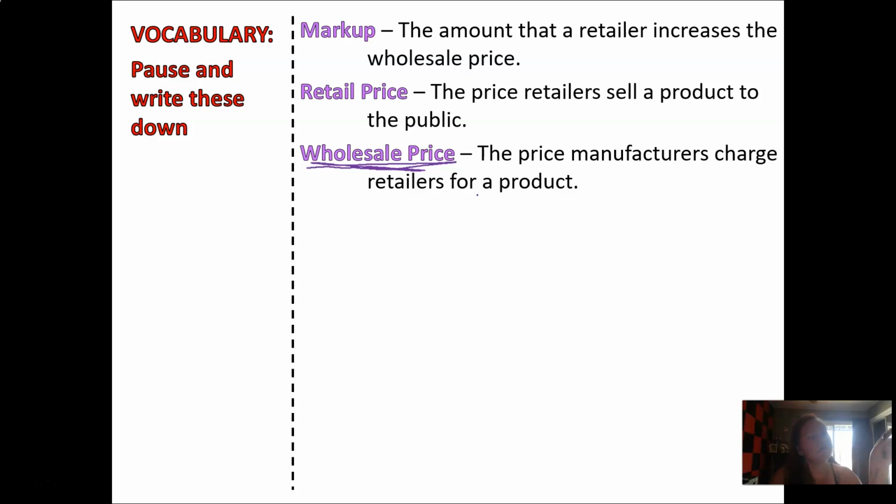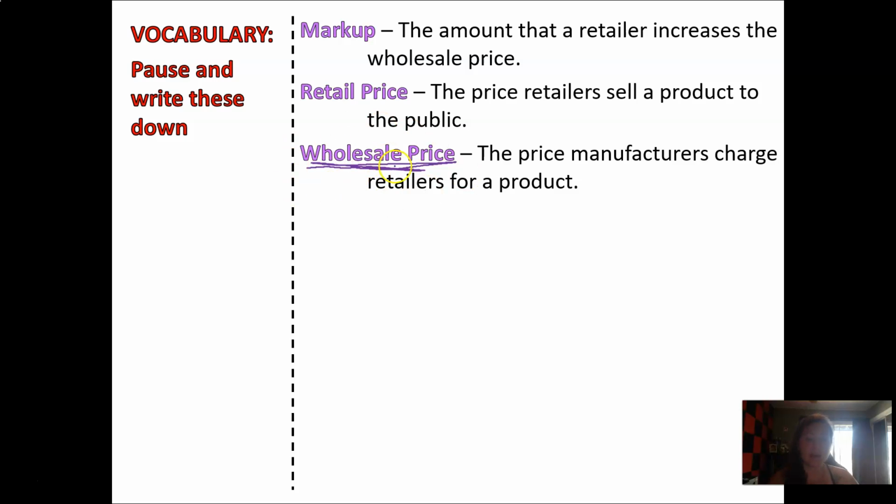So the factory or company sells those to, say, Target, and then Target turns around and sells them to us, right? So it's not like Target is making pants in the background, right? So Target buys pants from, say, Levi's or whatever, and then Target will then sell them to us, the consumers.